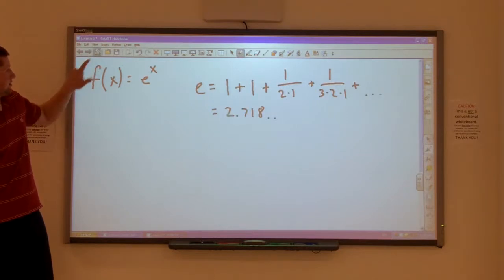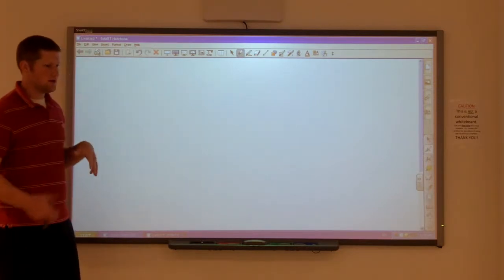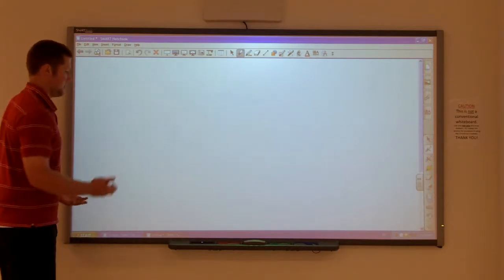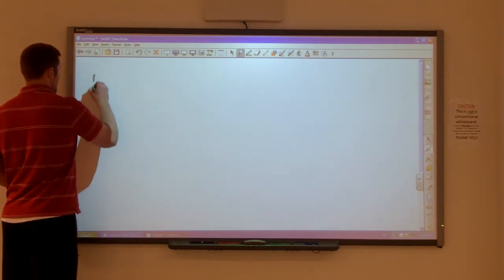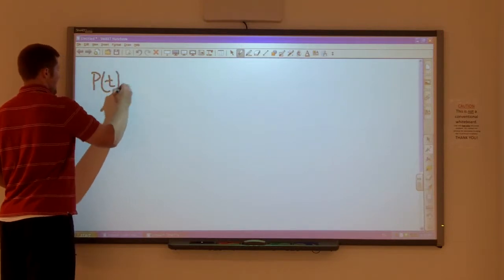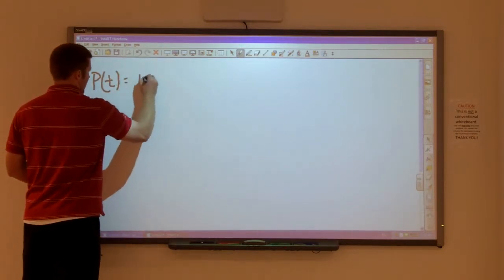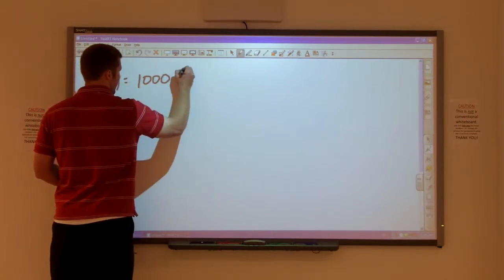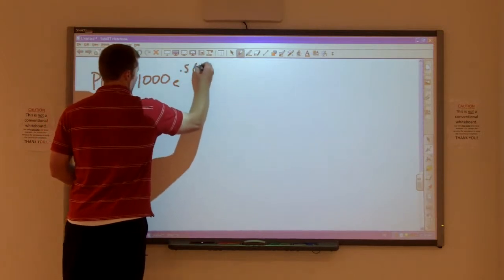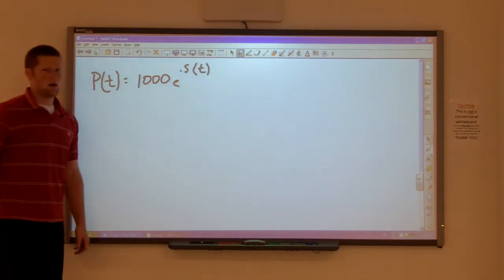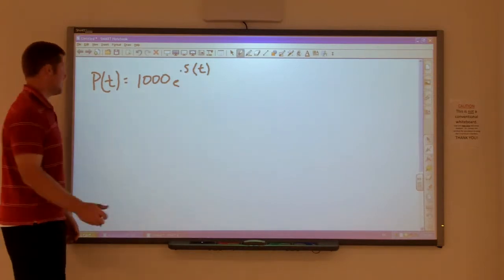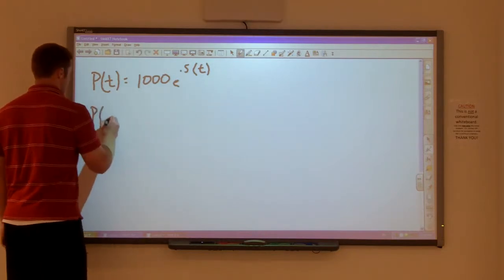So let's do an example problem that uses e. Let's say we have a population of bacteria, and their growth is written where the population in relation to time is equal to 1,000 times e to the 0.5 times t, where t will be our time in hours. Let's say that we wanted to find our population after 10 hours. All we would do is plug in 10 for t.